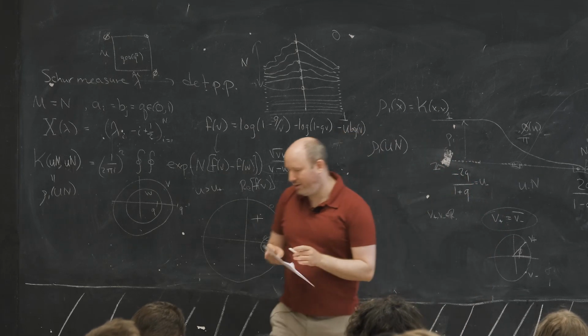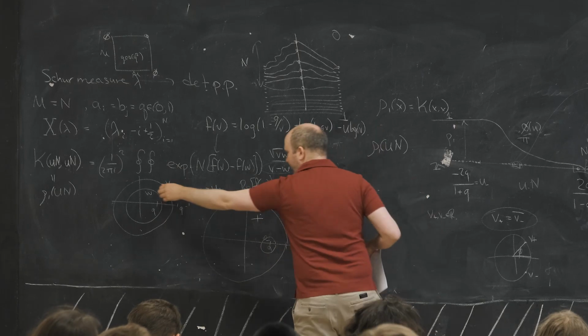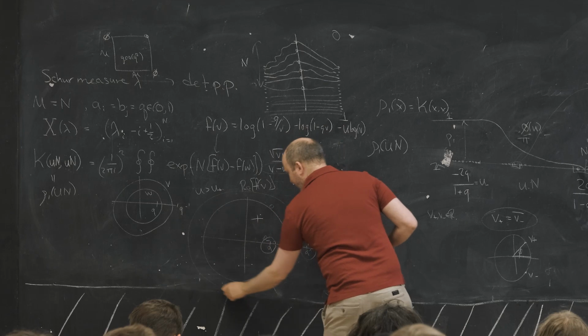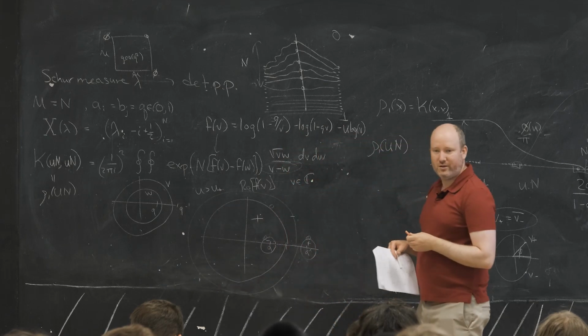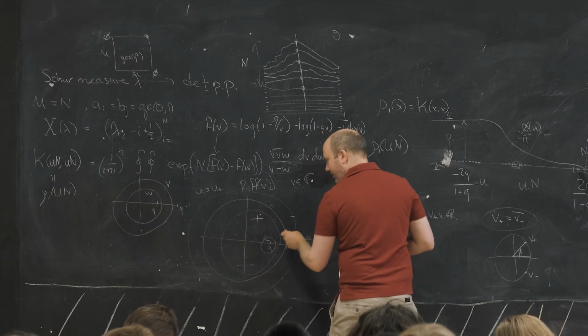I can draw my v contour. It needs to include the w contour, so I'll just deform my v contour so it sits entirely in this negative region. And I'll put my w contour entirely in the positive region.